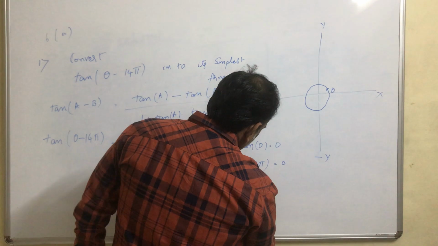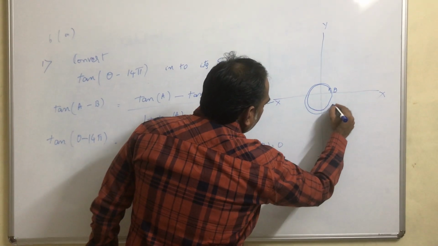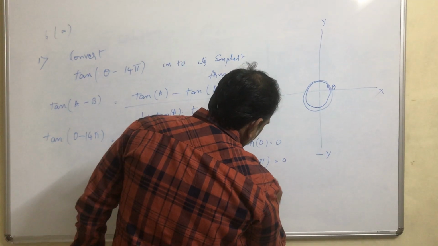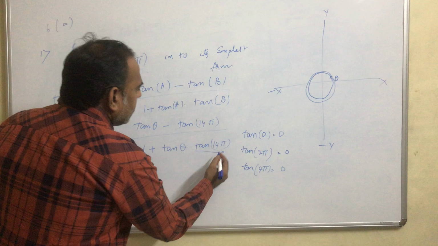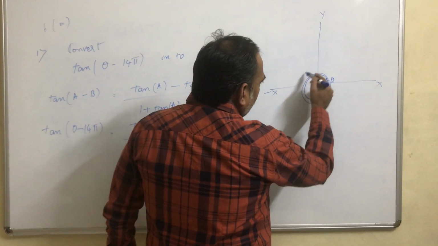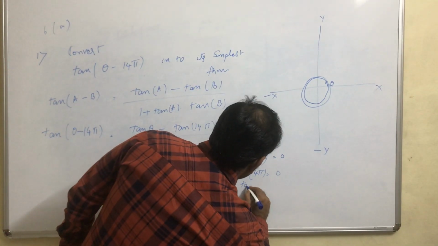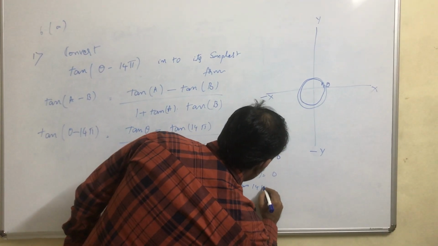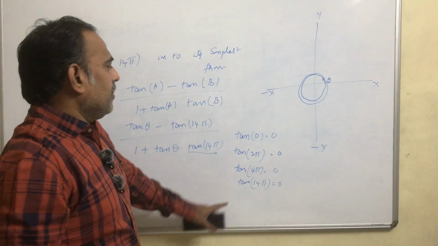In the same way, if we make one more rotation, that is tan 4 pi, that is equal to 0. In the same way, if we make 7 rotations, then it is tan 14 pi, right? So tan 14 pi equal to 0.